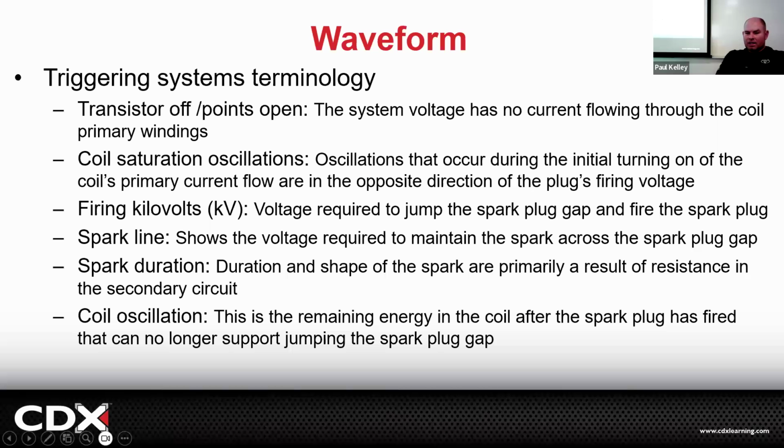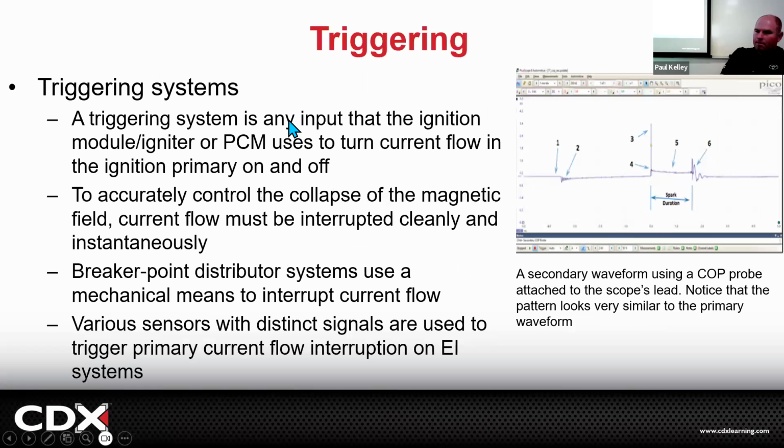The spark line shows the voltage required to maintain the spark across the spark plug gap. All right, take a look at that. So this is what it took to get the spark started. 5 is what it took to really maintain it. Okay. So 5 is also how long the spark occurs, right?